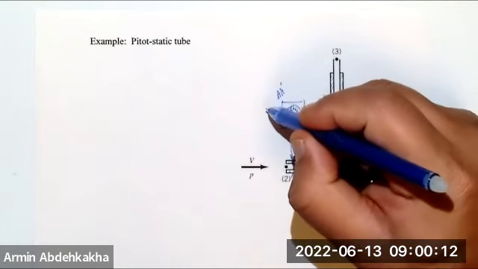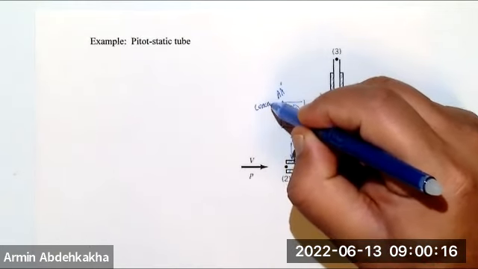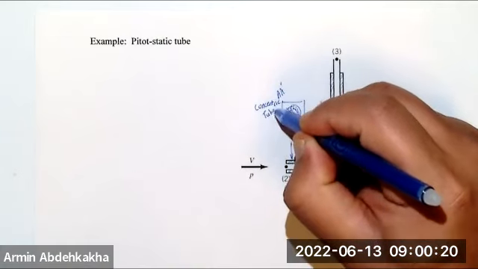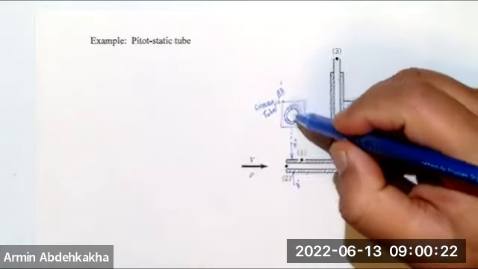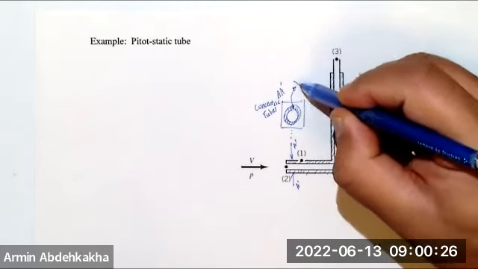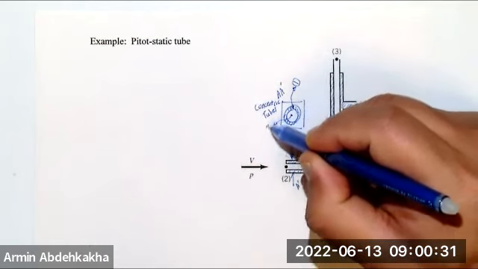These are the concentric tubes. And here at top you have point 1, and at the center you have point 2.